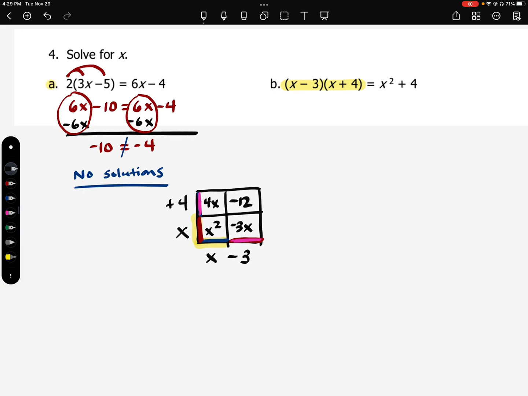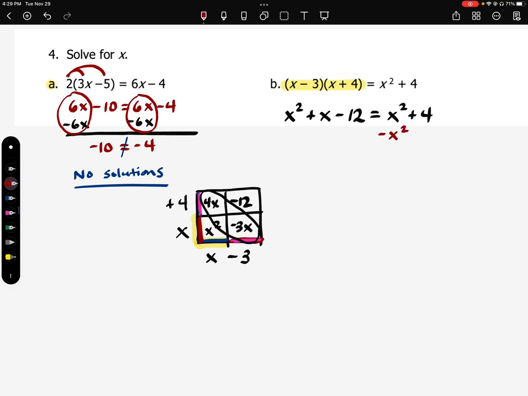So combining it all together, we should have x squared. Remember, these are going to go together, so 4 and negative 3 would give us a positive 1, so plus x, and then minus 12. Right now that equals x squared plus 4. Well, we need to get all of our x squareds together.